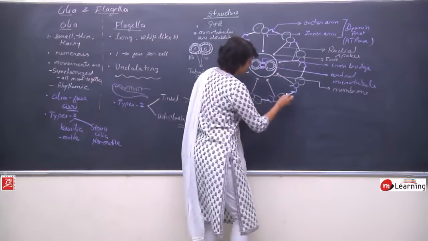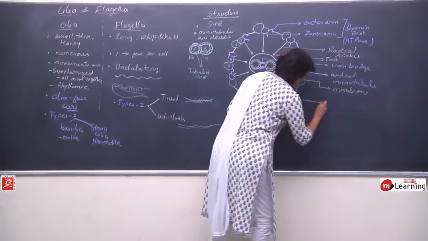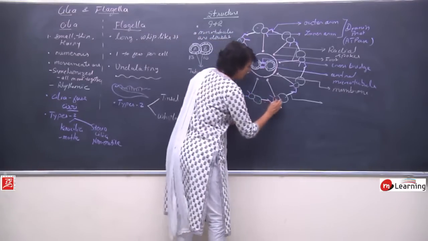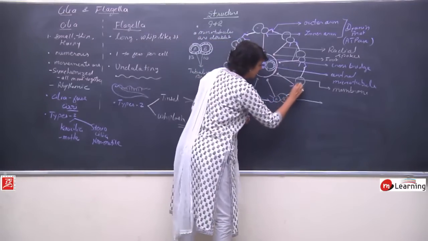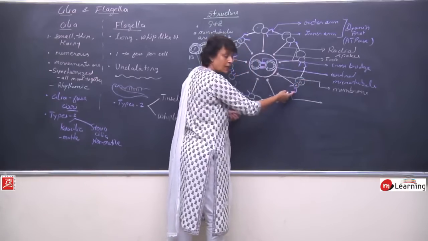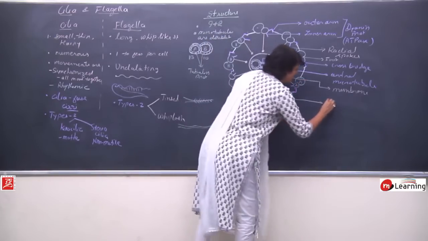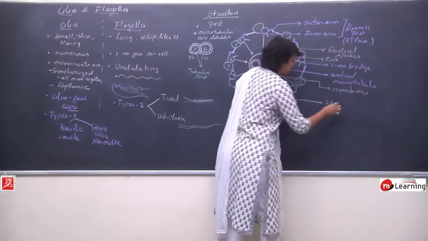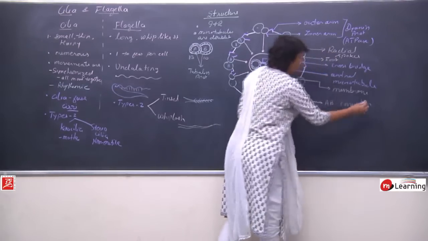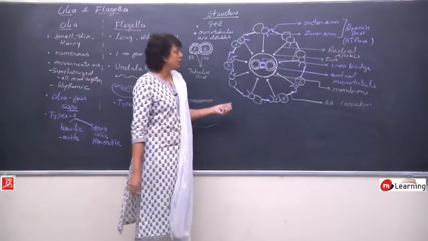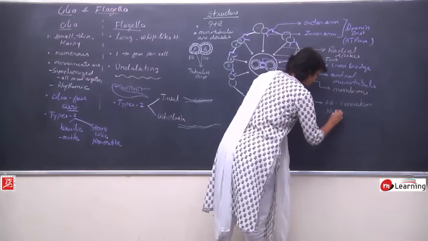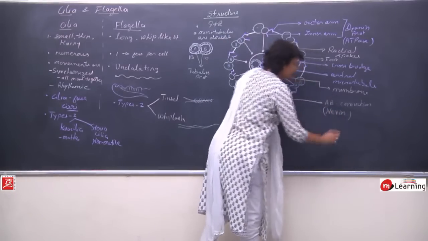These connections can be termed as AB connections. So this was A, this is B, this is again A and B. So these connections are helping in A, arm of A and B. So we can call them AB connections. They can also be termed as just interconnections, and they are made up of a protein called nexin.